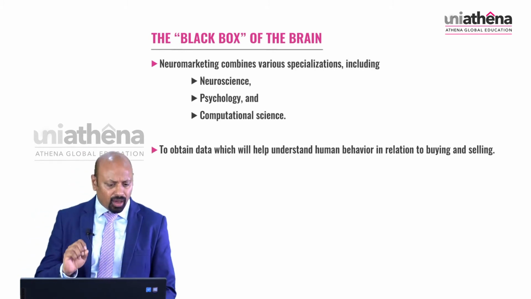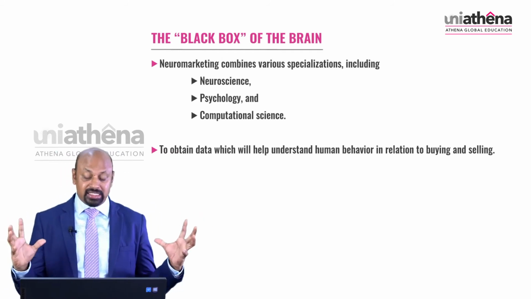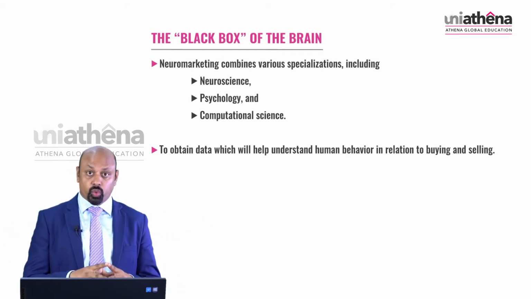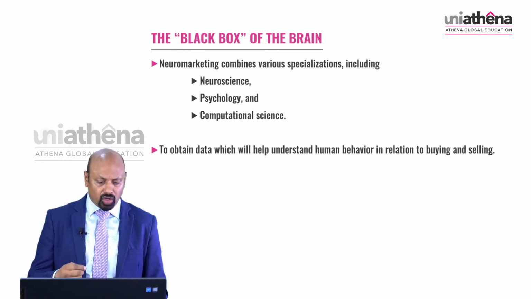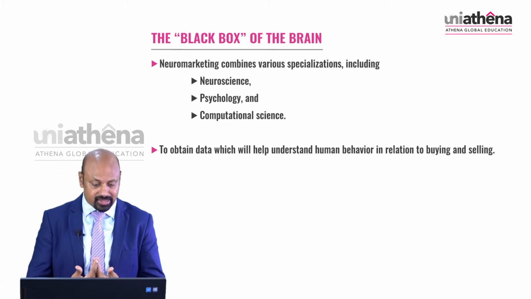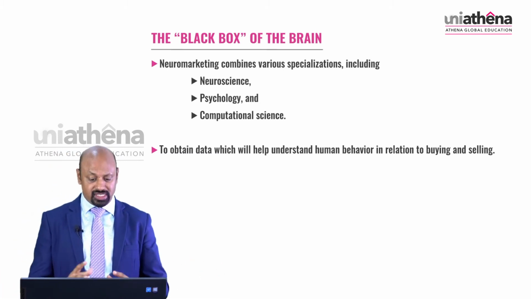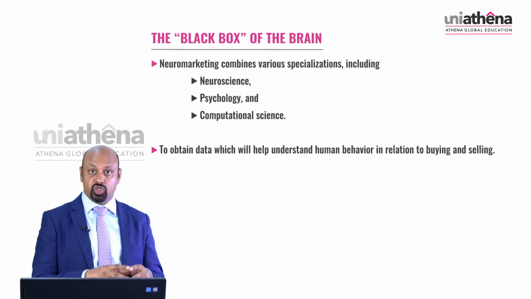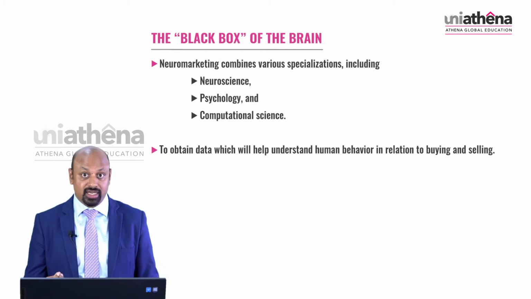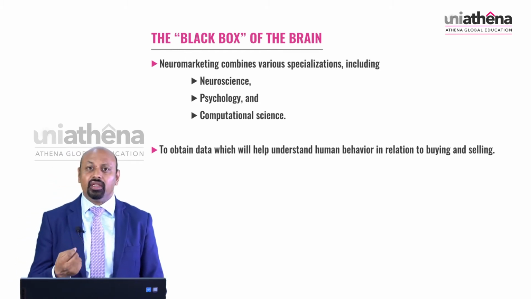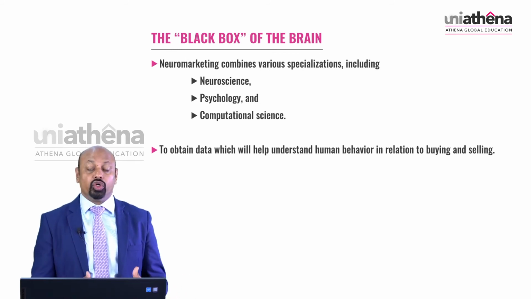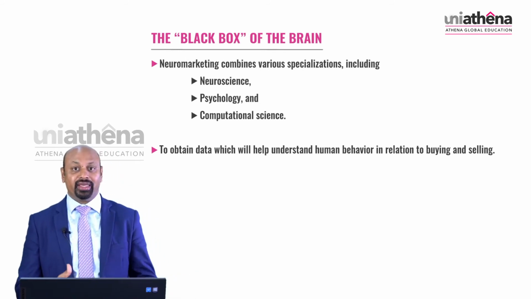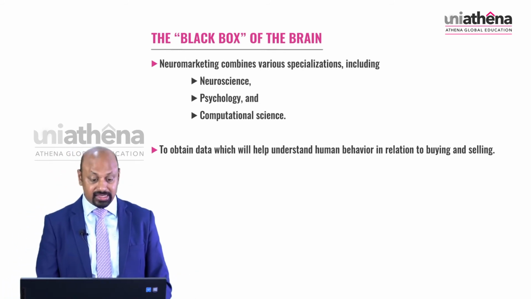Neuromarketing combines various specializations, which include neuroscience, psychology, and also computational science. So it takes all of this data and helps the neuromarketer, the organization or company, to understand human behavior and how the consumer relates to buying and selling of products and services.